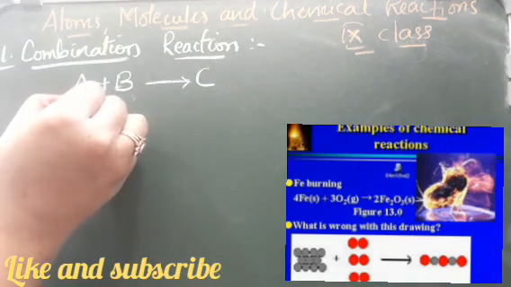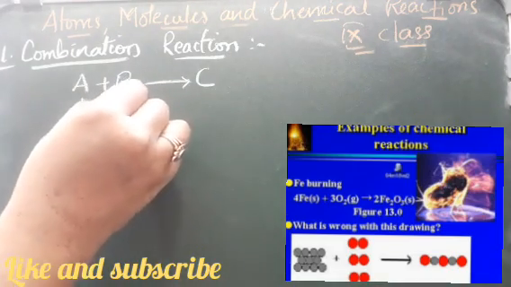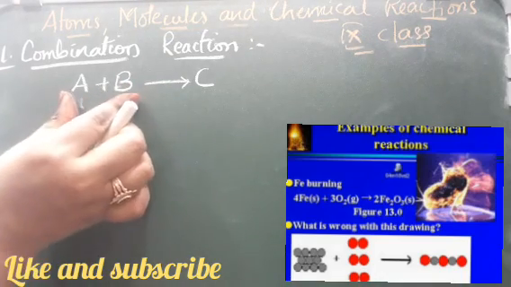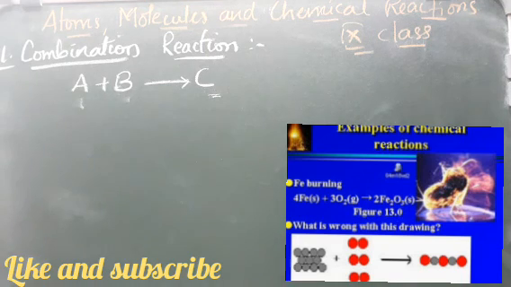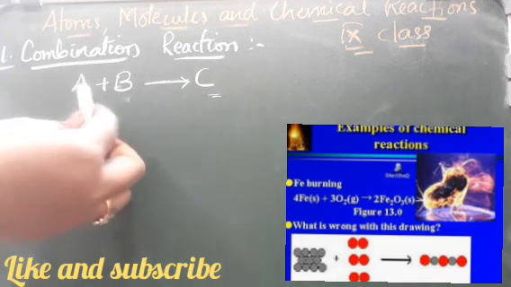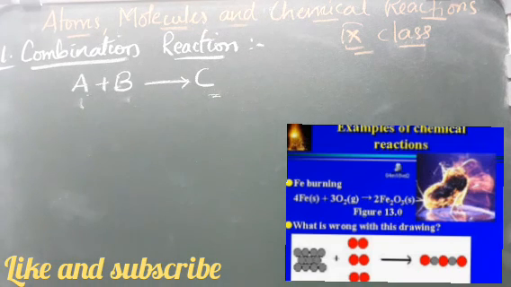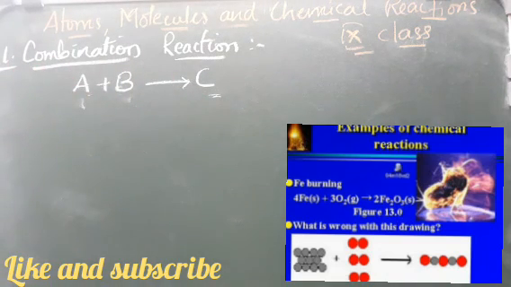You can see that one or more reactants are getting combined with each other and giving one new product. There is some chemical change. They are combining and giving one single product, and so it is called a combination reaction.